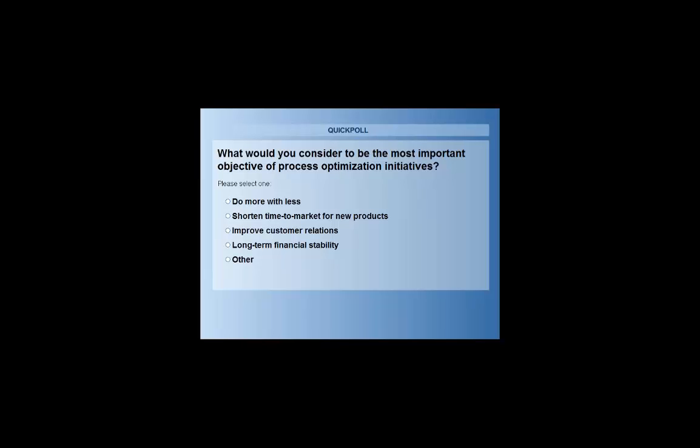Some answers are coming in. I see people click on do more with less, or improve customer relations, or long-term financial stability. I think we have almost all answers in. I'll close it now and share the results.